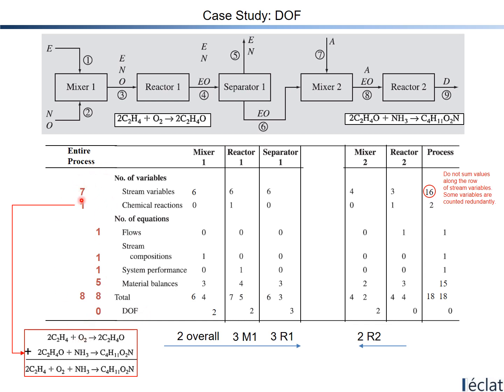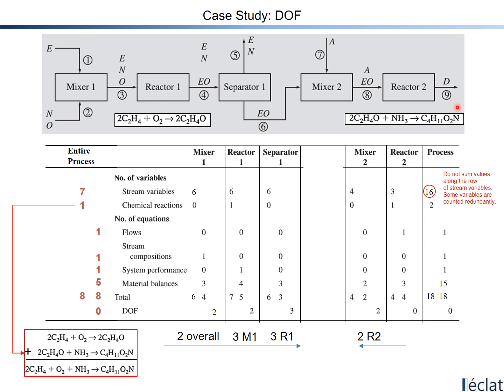Again, 7 are stream variables, 1 chemical reaction, and then they are freedoms, and restrict is also 8. So the degree of freedom is 0. Then you can calculate this one, this one, this one, and this one, this one, this one. So right now we have those values in our hands.